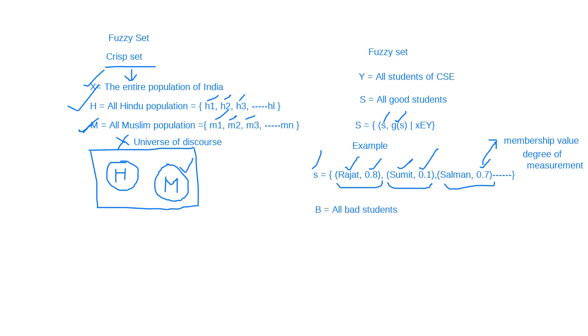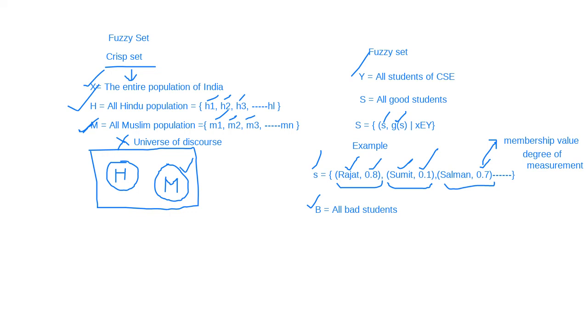And this subset B is derived from Y, right? So the same students can belong to set S and set B. If I say B is equal to, then I will take all students.